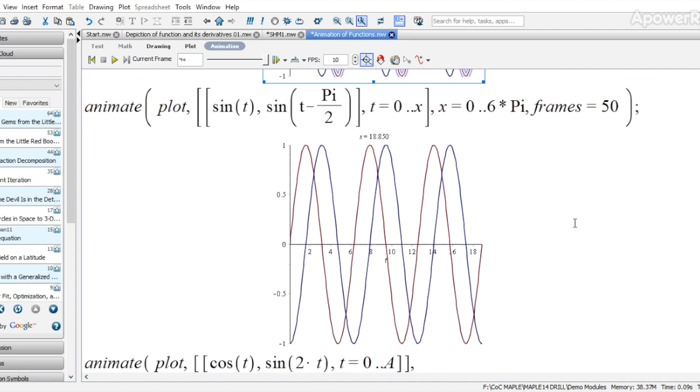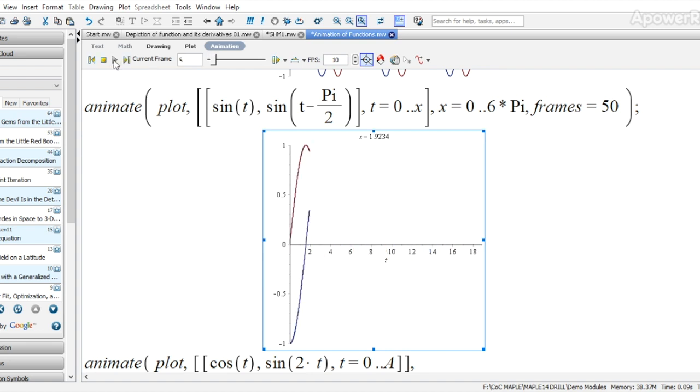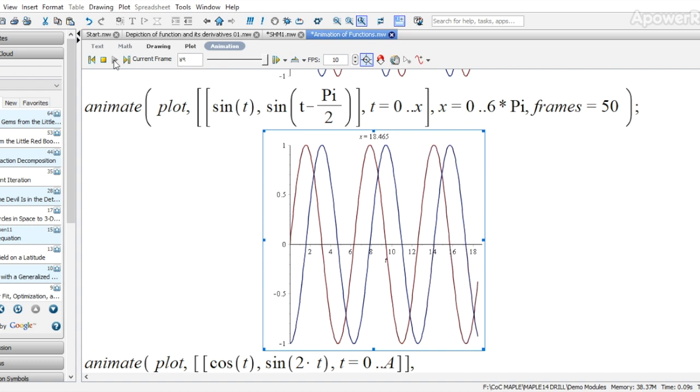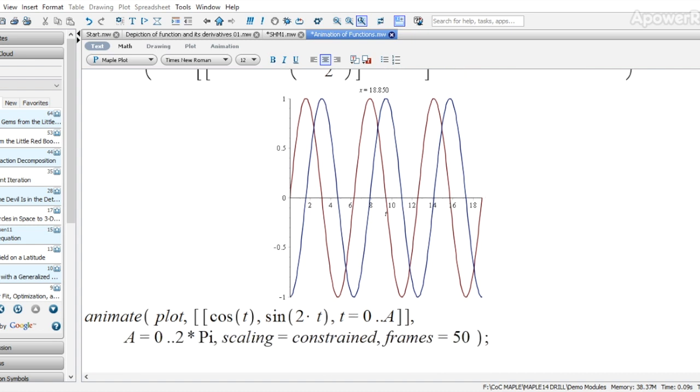Now let us look at the minus pi by 2 phase difference. See how things roll up. So the blue line is with minus pi by 2. So this helps students in understanding the phase difference, which is charted at x-axis.